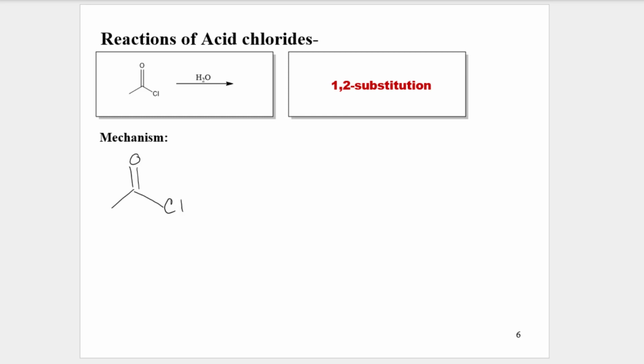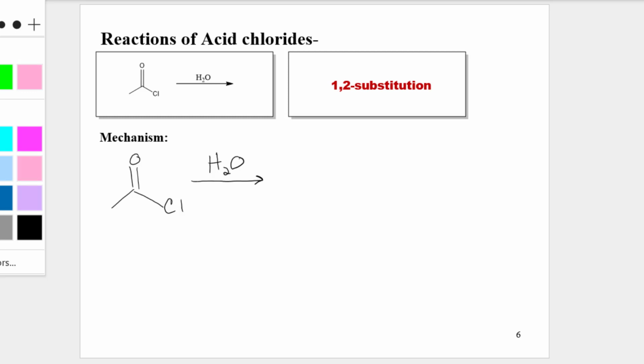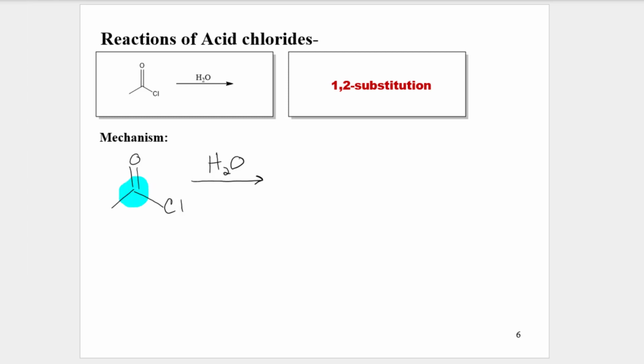You ready? All right, let's start with water. This is one of the reasons why, if you make an acid chloride or buy an acid chloride commercially available, they're so reactive. Remember that the carbonyl is extremely electropositive.